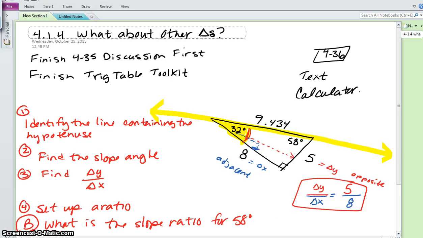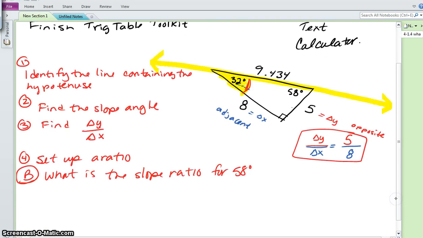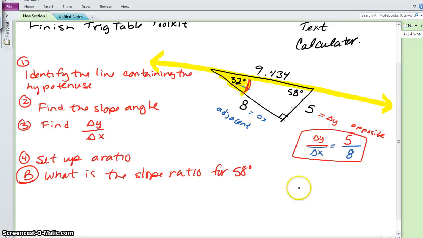So using opposite and adjacent, or using the idea that if complementary angles are in a right triangle, their slope ratios are reciprocals, we can say for 58 degrees, the opposite leg, or the measure of the opposite leg, equals 8. That would be our change in y for 58.